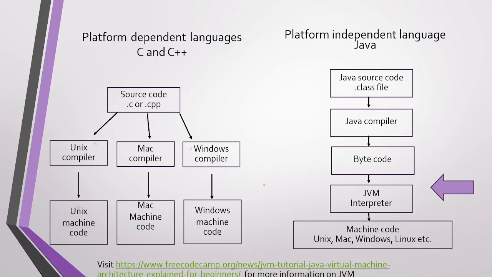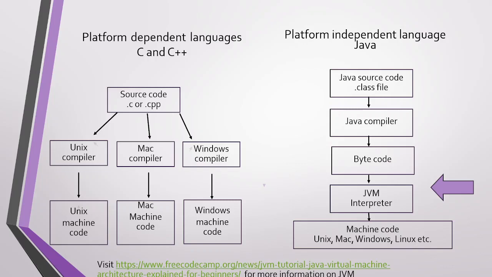But Java is written in such a way that a source code file is taken by the Java compiler and converted into intermediary code, not direct machine code, that is bytecode. This bytecode can be taken to any software hardware combination, and the JVM is responsible for converting that bytecode into a particular machine code.